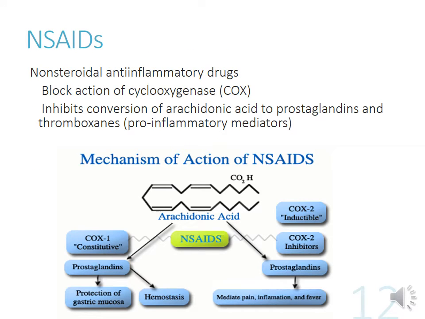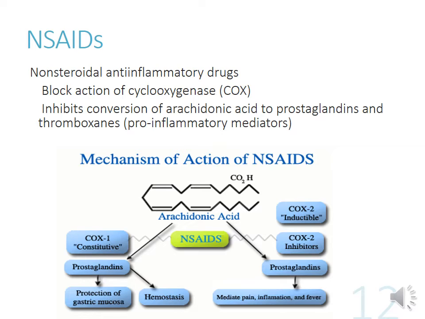Okay. The next class of medications that we can talk about is going to be the NSAIDs, or the non-steroidal anti-inflammatory drugs. The way that these medications work is that they block the activity of cyclooxygenase, otherwise shortened to COX. What COX normally does is help to convert the arachidonic acid that is liberated from the phospholipids within a cellular membrane.